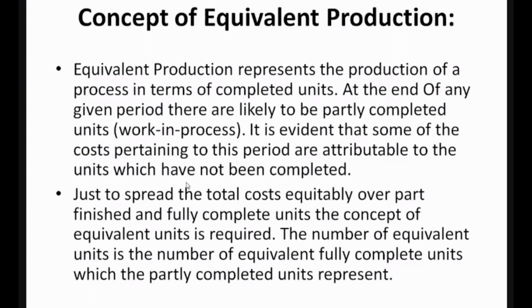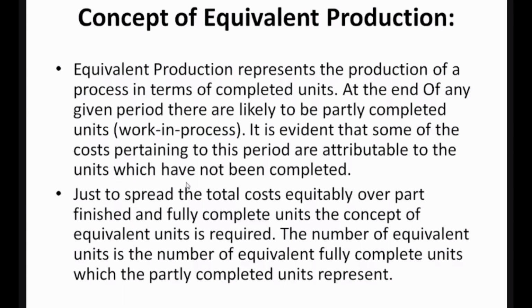Like a half ticket, 2 half tickets are equal to 1 ticket. 2 half is equal to 1, 4 half is equal to 2, 6 half is equal to 3. In the same way, we convert the semi-finished goods equivalent to the finished goods, and that is called equivalent production.